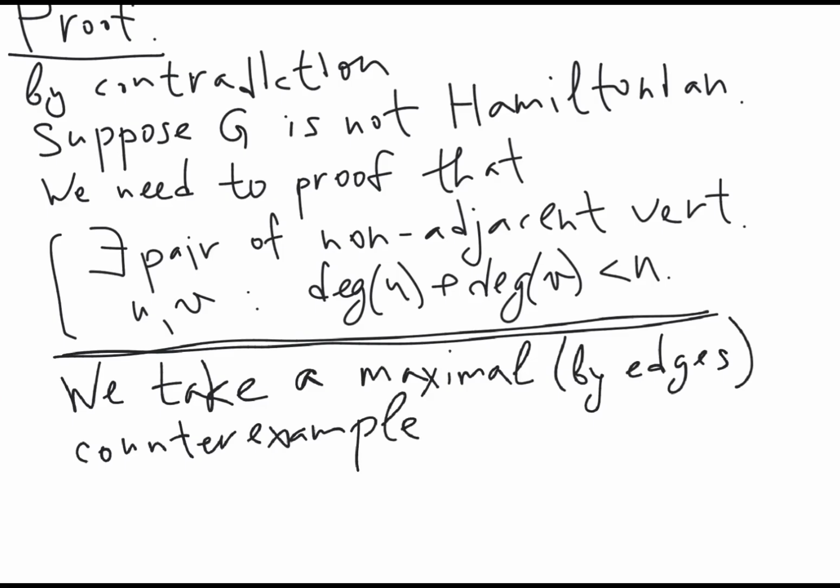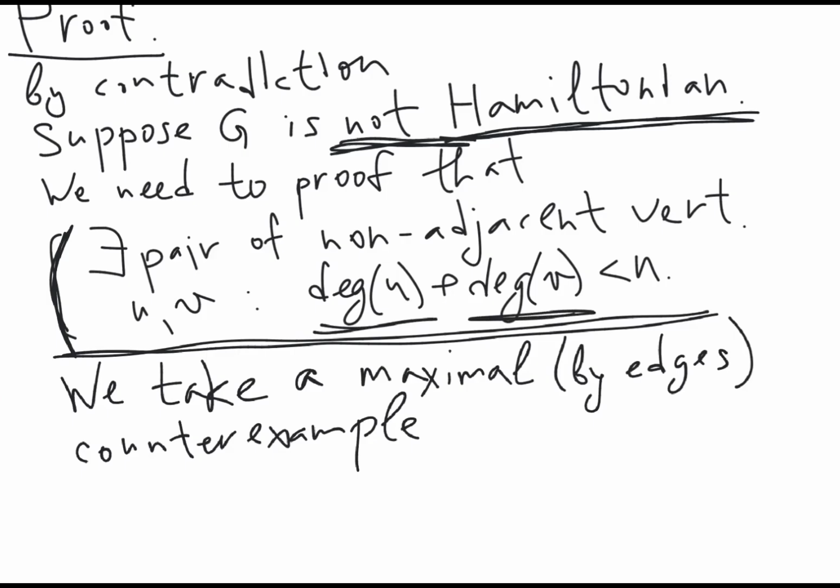If we take any counterexample and we start to add edges to the graph until we can, without making it Hamiltonian, so it is not Hamiltonian, and we add edges until it is still not Hamiltonian, and then we prove the statement for the resulting graph, then for the original graph it would still hold, because the degree of vertices only increases when we add edges.